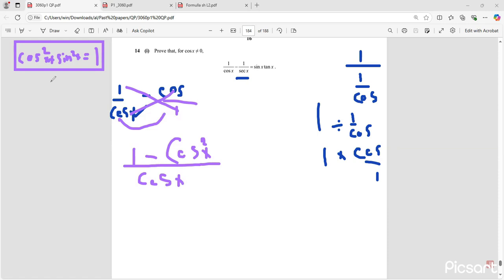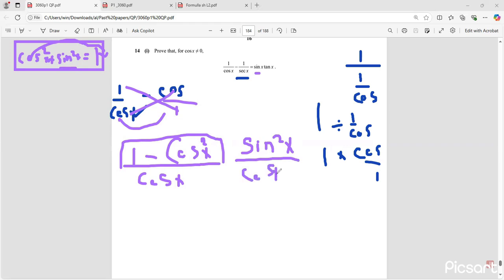Okay, remember that 1 here: if you change it here, the cosine x, you will get the sine, and here we needed the sine, so we can change the numerator 1 minus cosine squared x to sine squared x, over cosine. Okay, let's see how we can make it here.